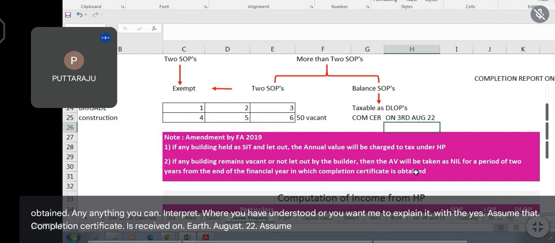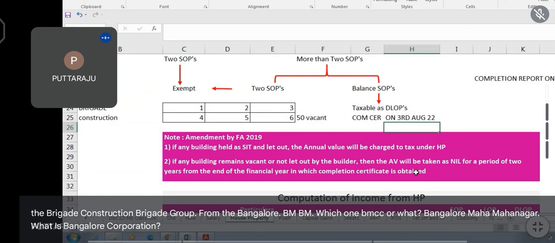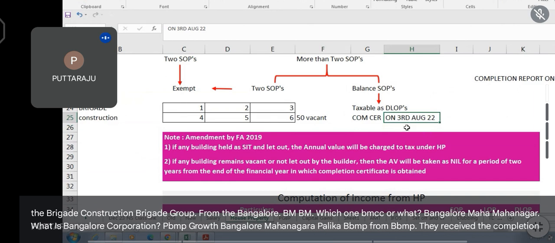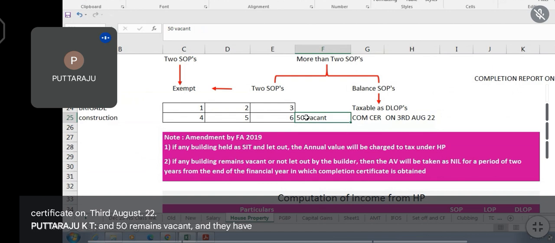Assume the completion certificate for the buildings has been received by the Brigade Group from the Bangalore corporation, BBMP, Bruhat Bangalore Mahanagara Palike, on 3rd August 22. And 50 remain vacant, and they have not been let out either.